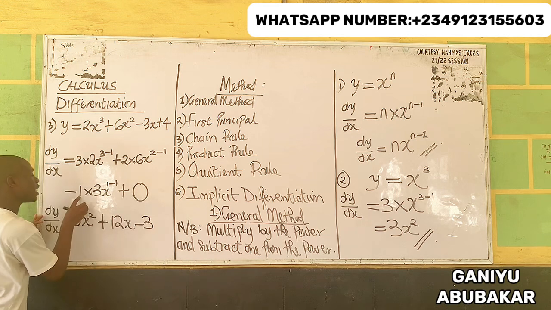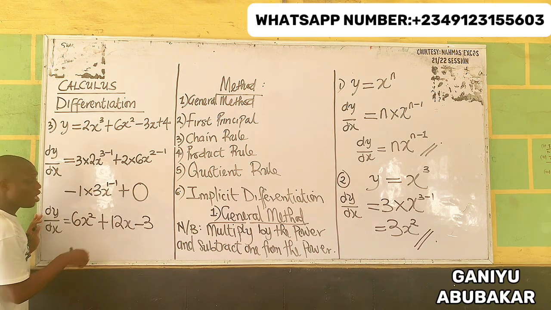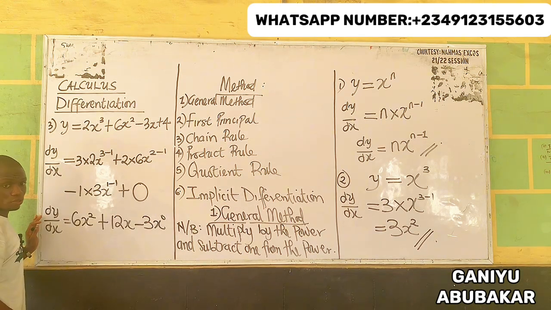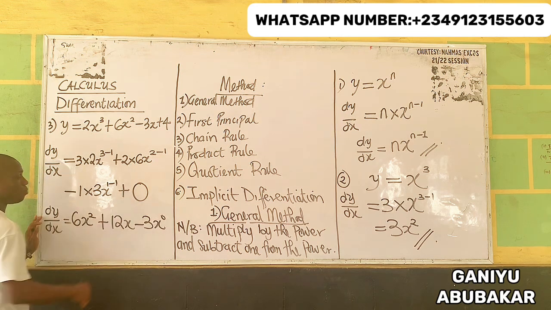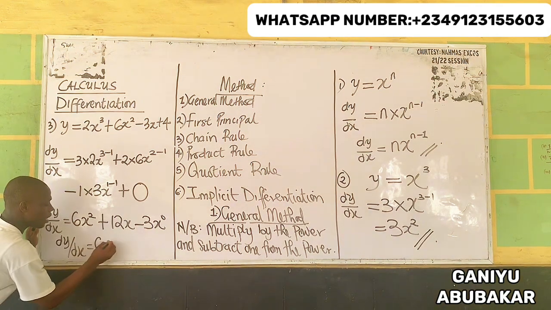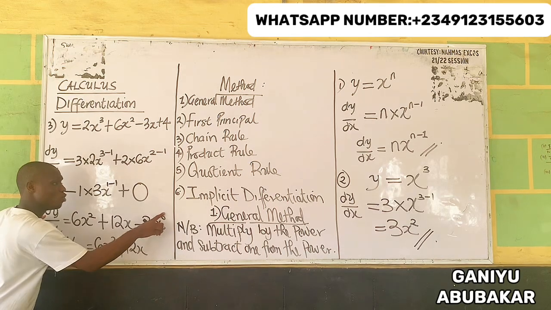3. Observe 3 times 1 times 3 is what? 3. Right, 1 minus 1 is what? 0. I have what? X to power what? 0 here, please. Are we good? 1 minus 1 is 0 now. X power 0. Then plus 0 is up, please. My final side becomes the dy over dx here becomes what? 6x squared plus 12x. And x to the power 0 is what?